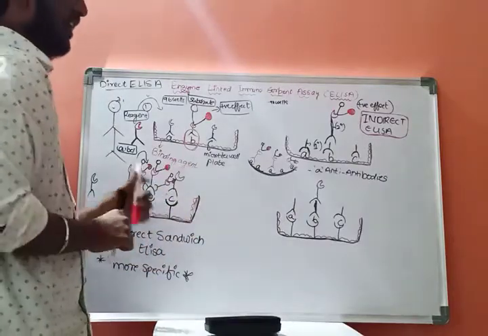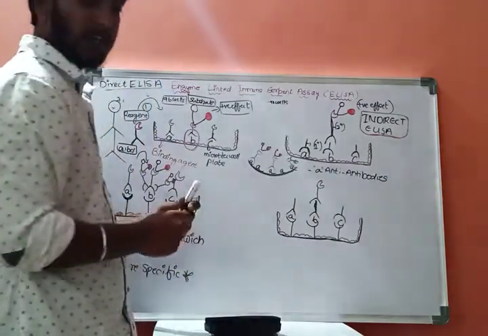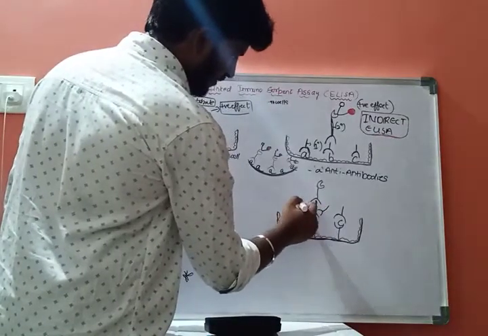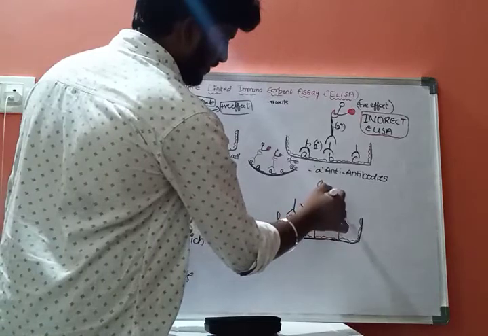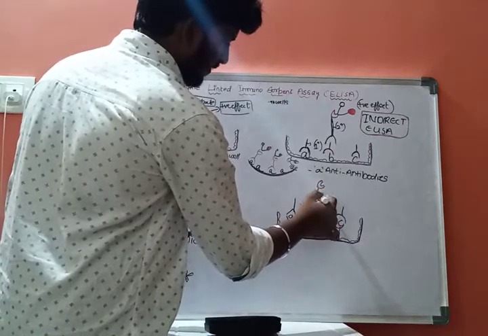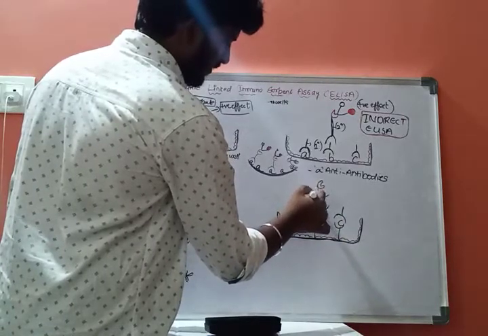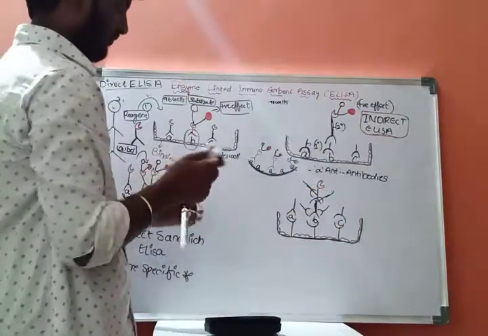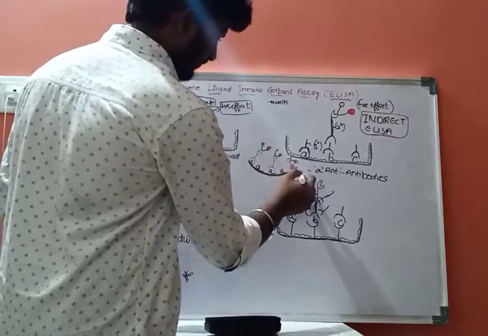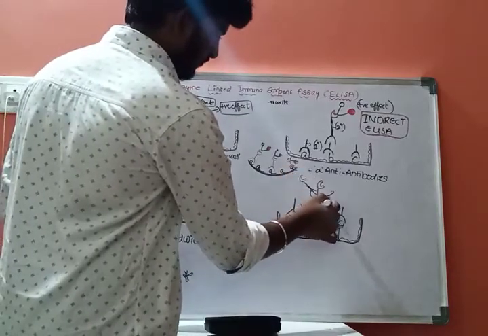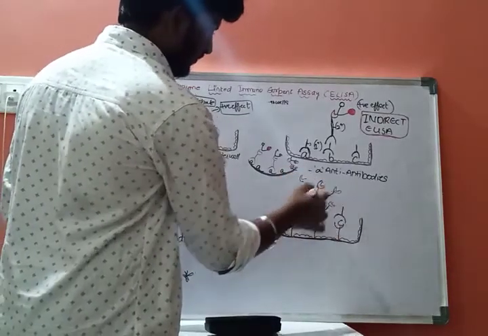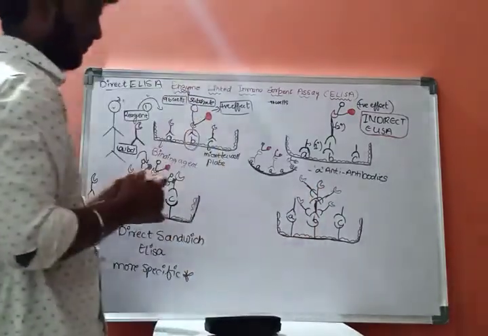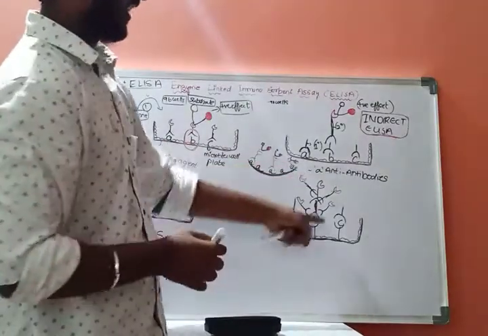Now, as we discussed epitopes, there are multiple epitopes, so these are the different kinds of secondary antibodies.